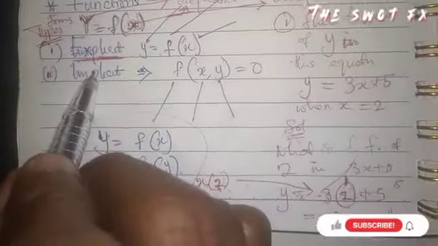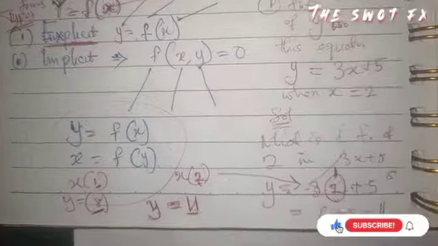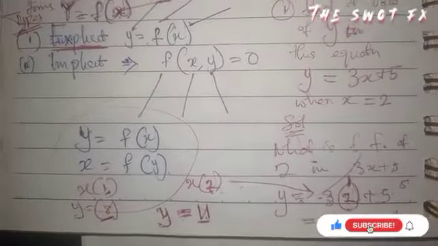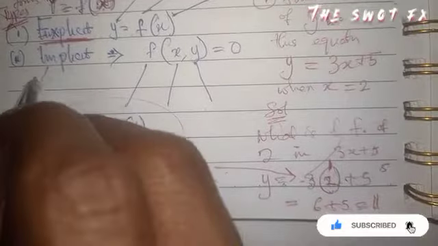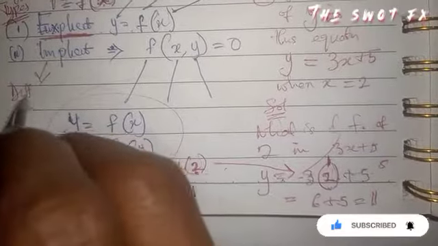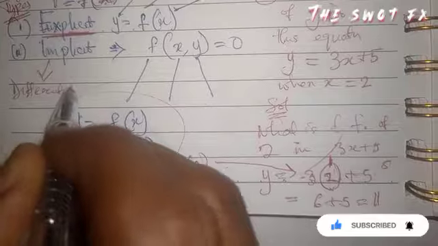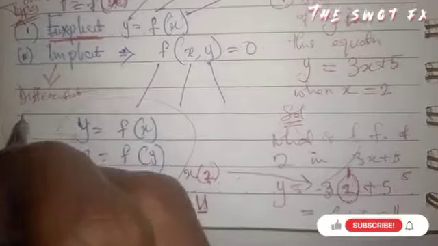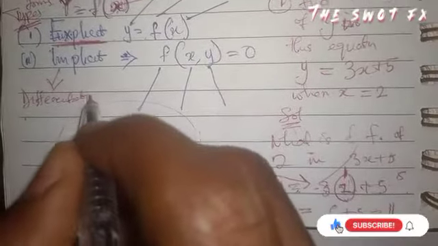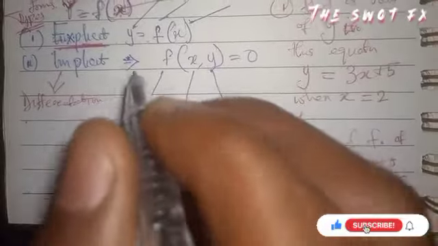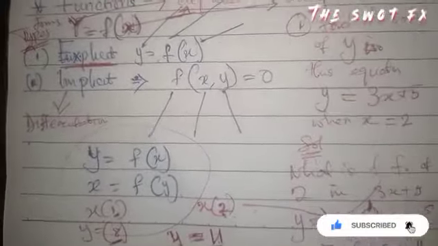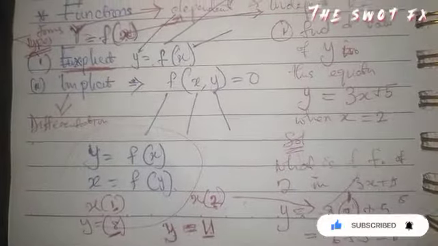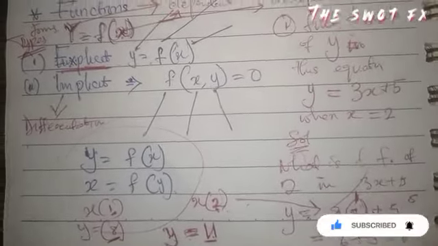Implicit is just to find a relationship between two variables. Most times we use this when we are doing differentiation. We won't go much into it, but you can watch the episode I did on implicit differentiation on the same channel.